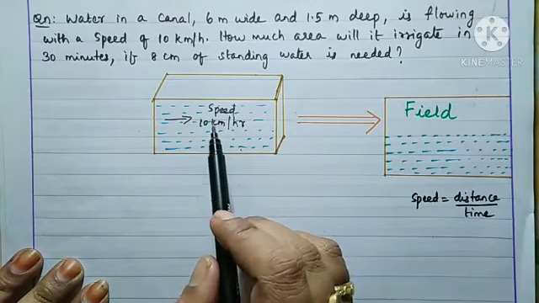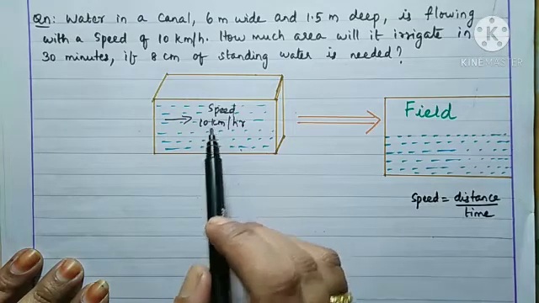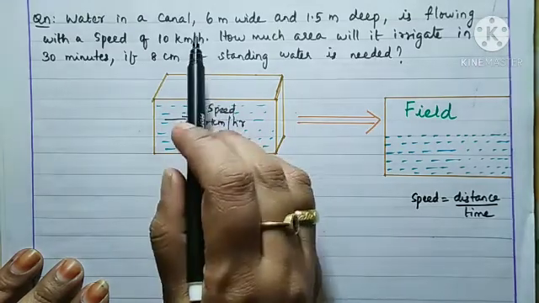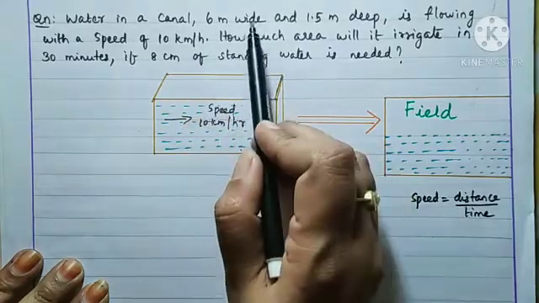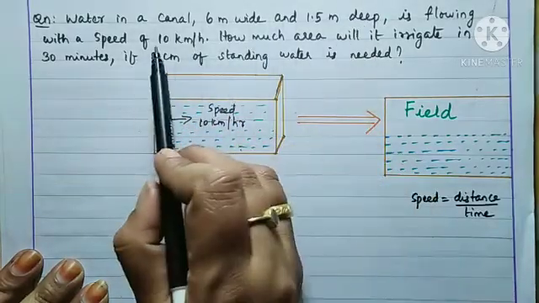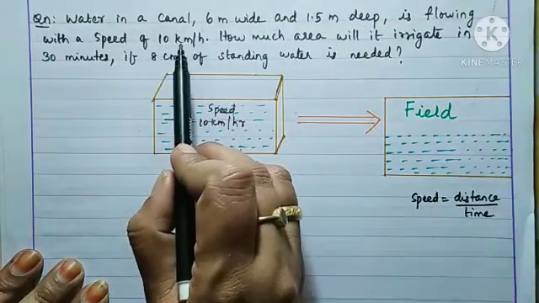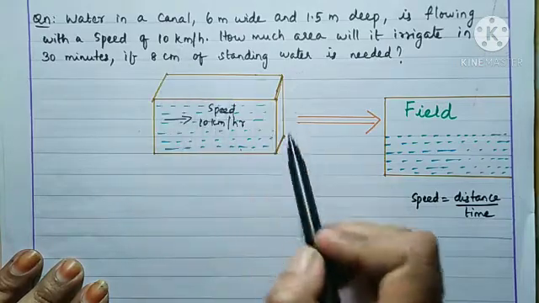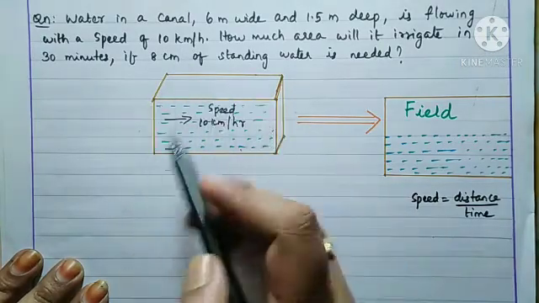So that length distance is taken as the length for our question, so that width, depth and the length will be 10 kilometers, so that we consider the canal in the form of a cuboid.